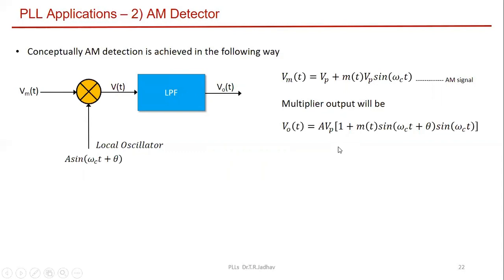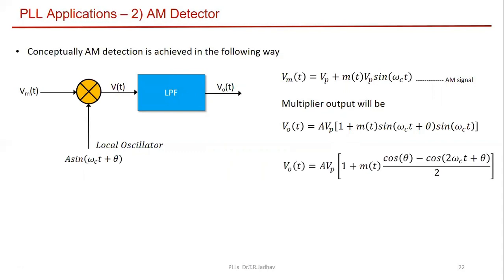So we can easily rearrange and simplify this equation as A Vp, and for this term you can write cos theta minus cos of 2 omega c t plus theta, divided by 2. As you notice here, there are two components. One is 2 times omega c, and the other is low frequency. So this is the high frequency component, this is the low frequency component.